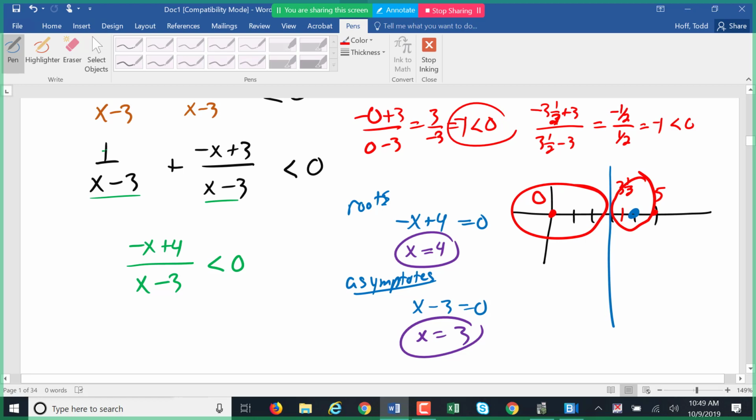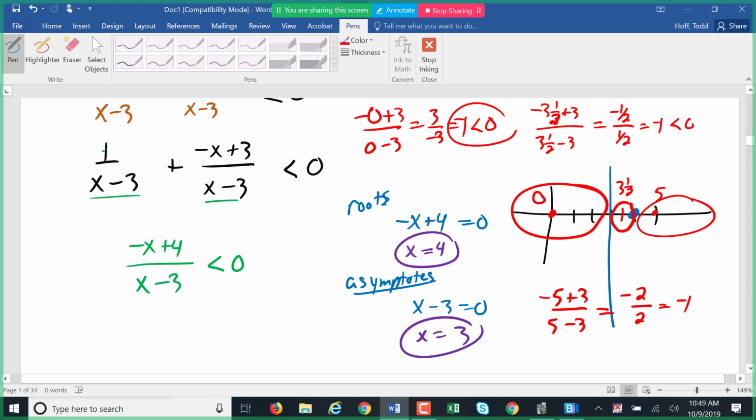We're true between 3 and 4 there. Let's test the 5. Negative 5 plus 3 over 5 minus 3. Negative 5 plus 3 is negative 2. 5 minus 3 is 2. That's negative 1 as well. We appear to be true out there.